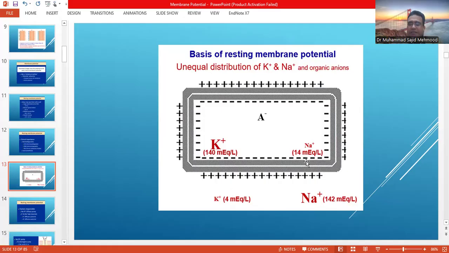Conversely, the concentration of sodium is much lower within the cell, and its concentration is much higher outside the cell. The concentration of sodium inside the cell is 14 milliequivalent per liter, and the concentration of sodium outside the cell is 140 milliequivalent per liter.